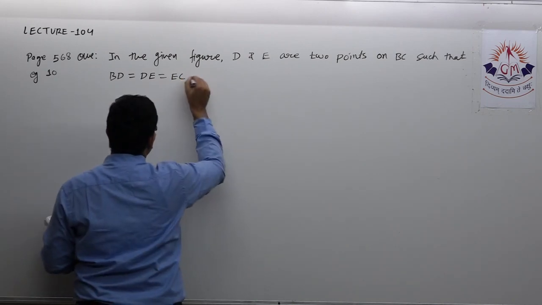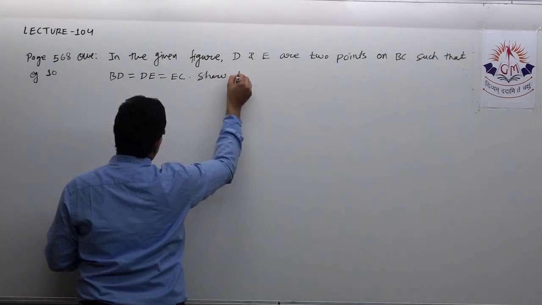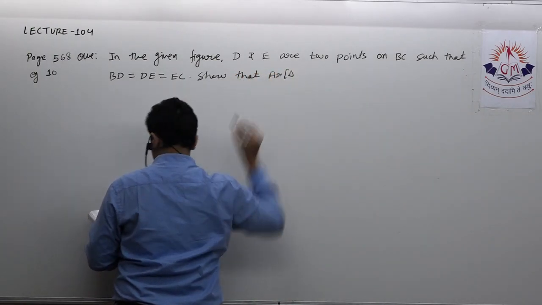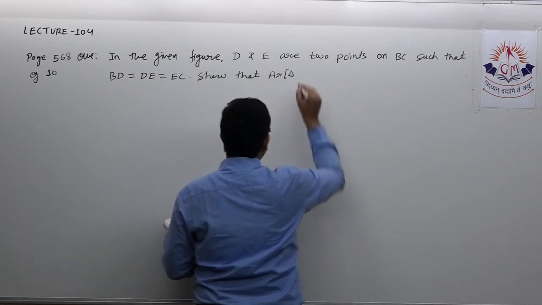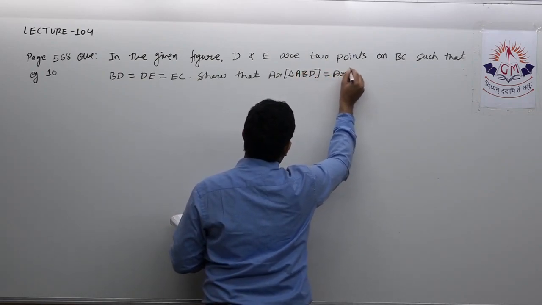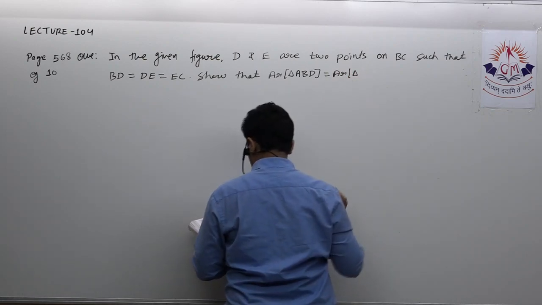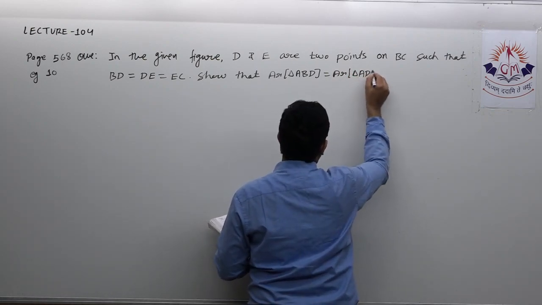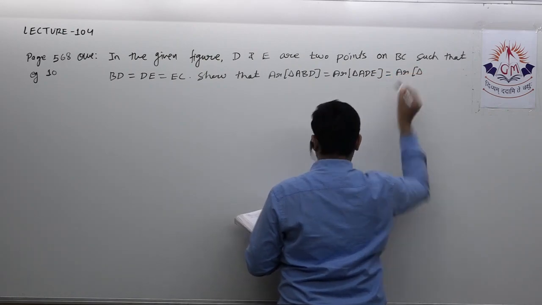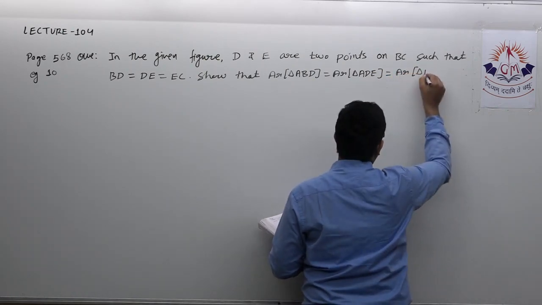Show that area of triangle ABD is equal to area of triangle ADE is equal to area of triangle AEC.